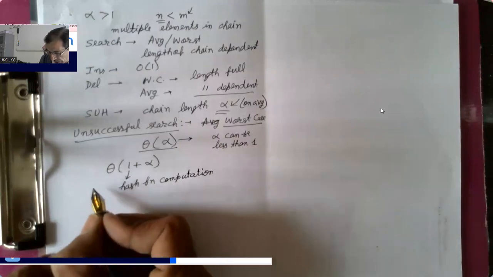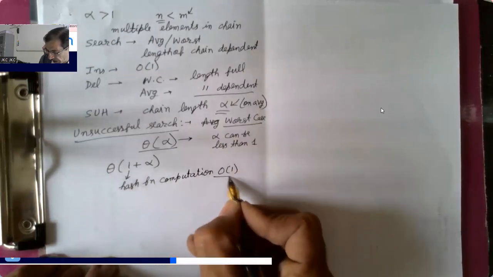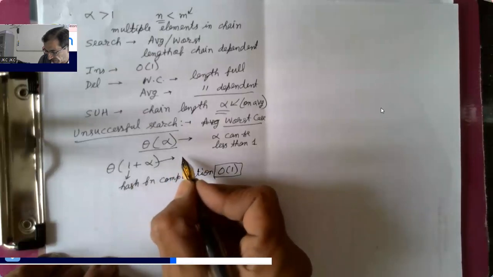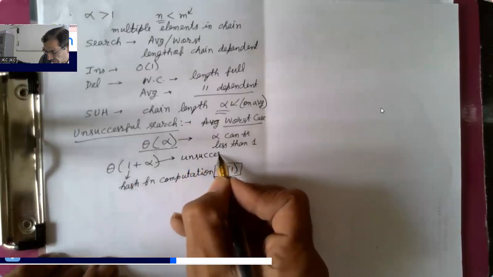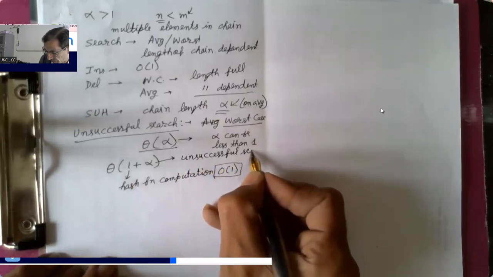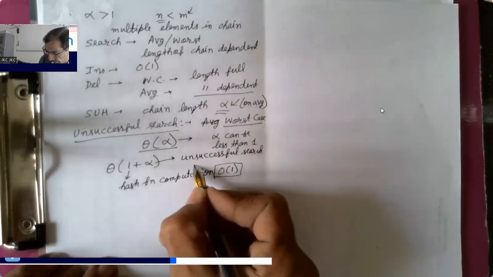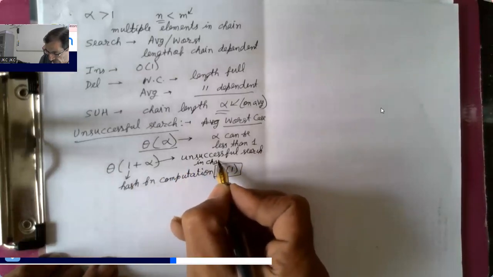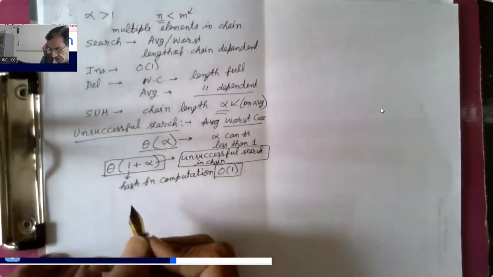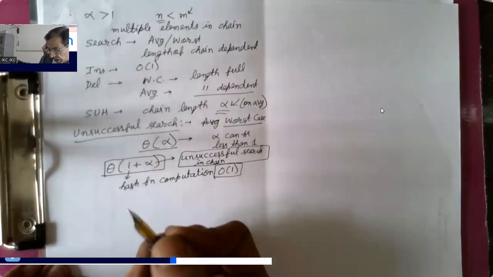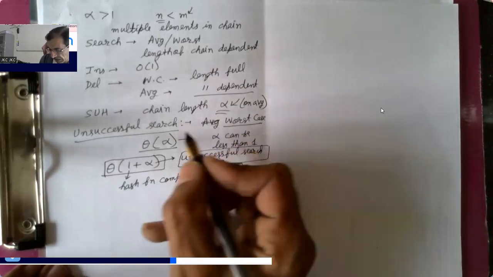Minimum order of 1 time is guaranteed for hash computation, and alpha is your searching time, the unsuccessful search in the chain. So I can say this time is going to be theta of 1 plus alpha in the worst case. And unsuccessful guaranteed means worst case. So unsuccessful obviously means the full chain length has to be explored.